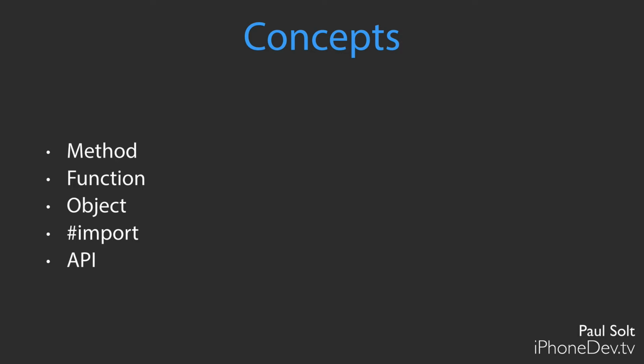Next, we have object. An object is the concept that we want to wrap ideas to include both state and behavior. And what I mean by that is we want to represent your Honda Civic or something like that.